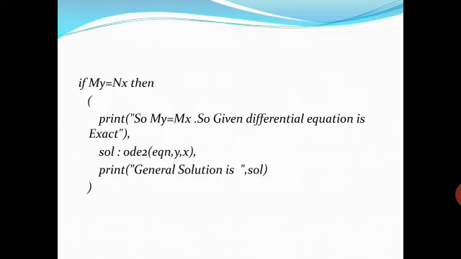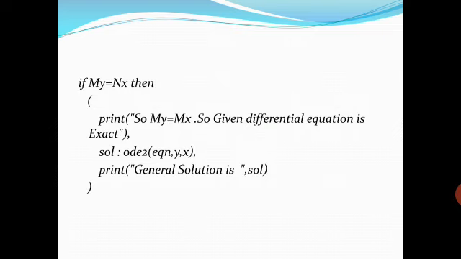SOL, solution, is ODE2, ordinary differential equation of two variables, ODE2 of EQN, that is the equation, comma y, comma x. Close the bracket, comma. That is the solution of the equation of y with respect to x. Another line: print "general solution is", close the double inverted commas, SOL, that is the solution stored in SOL.